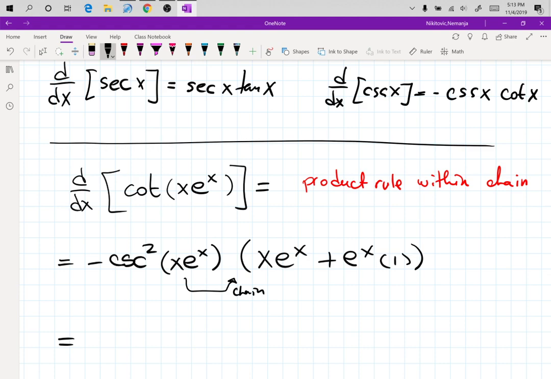So it's going to be e to the x, and then x plus 1, with a negative in front, and then cosecant squared of x e to the x.